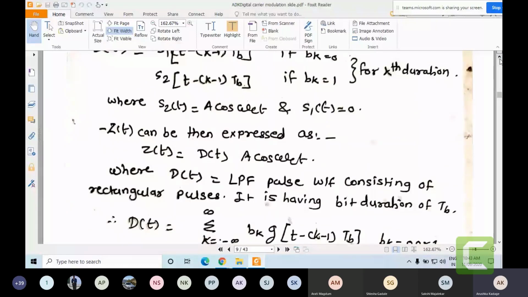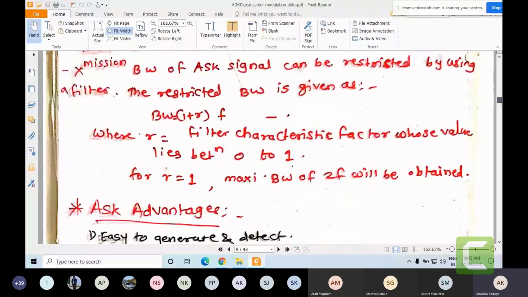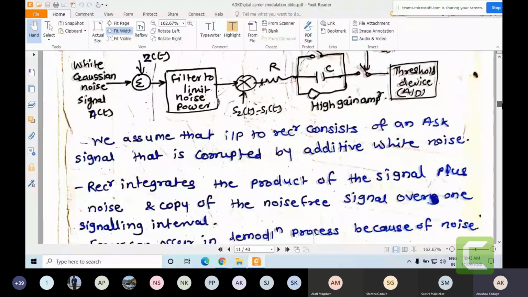Yes, here. We have mentioned that S2(t) is A cos of omega c t and S1(t) is 0. And that's why, for this derivation of S2(t) minus S1(t), the answer will be A cos of omega c t.